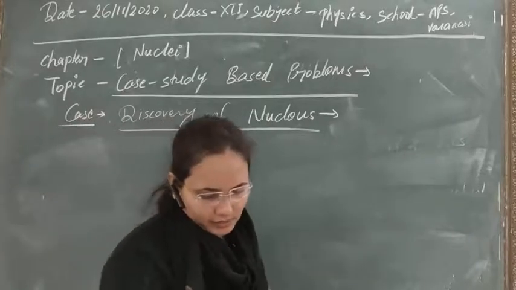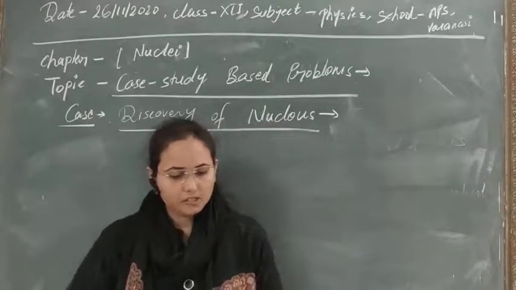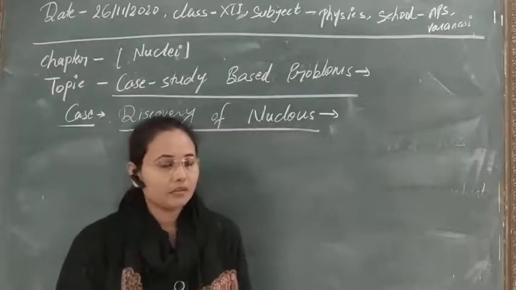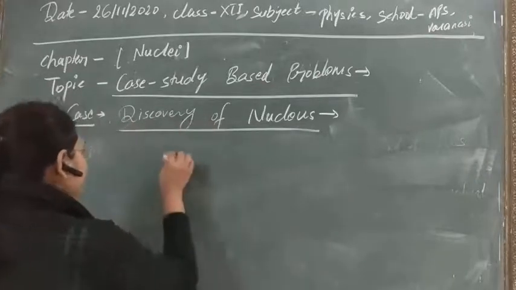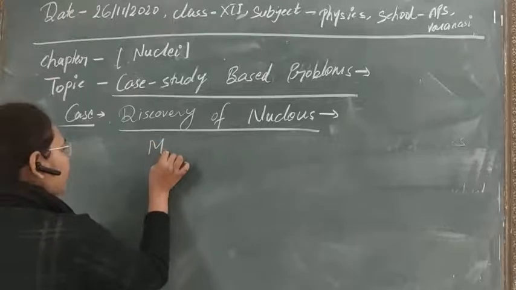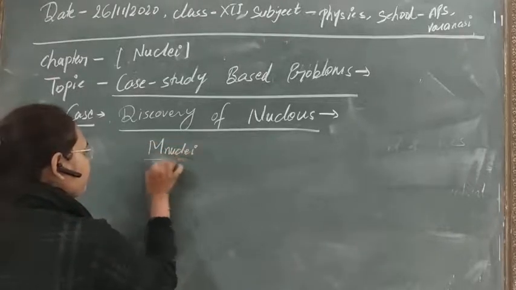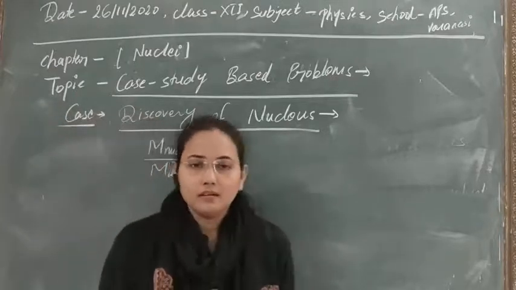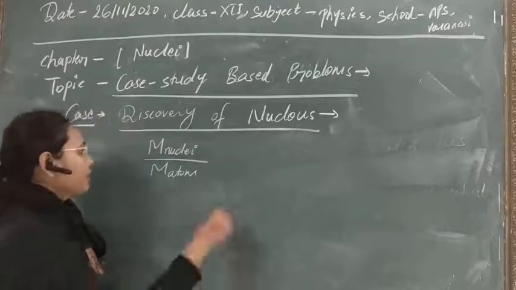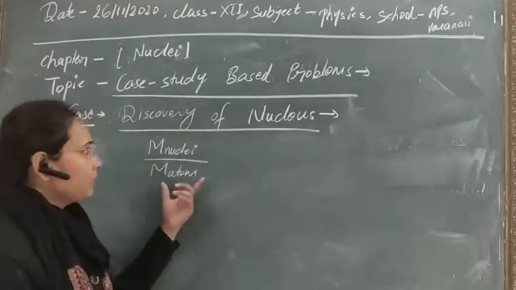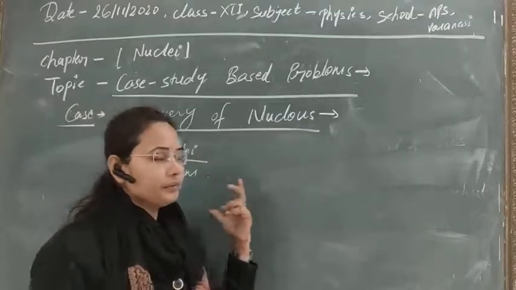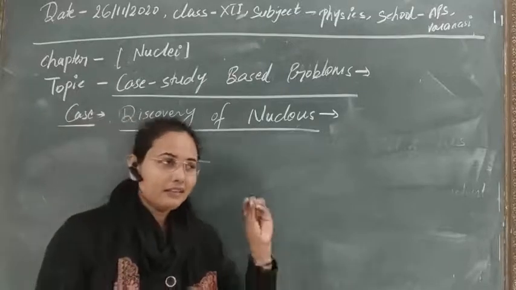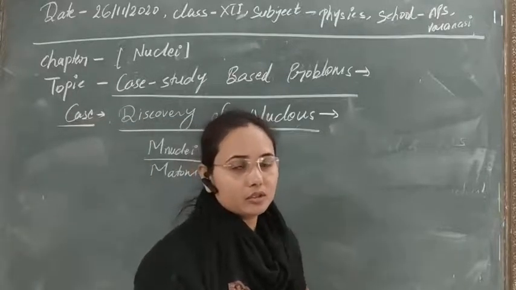The second question is: what is the approximate ratio of the mass of the nucleus to the mass of the atom? This question can also be asked for the nucleus. As you know, most of the mass is concentrated in the nucleus, and very little mass orbits as electrons outside it.